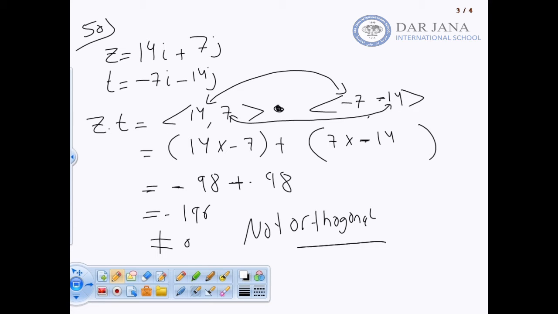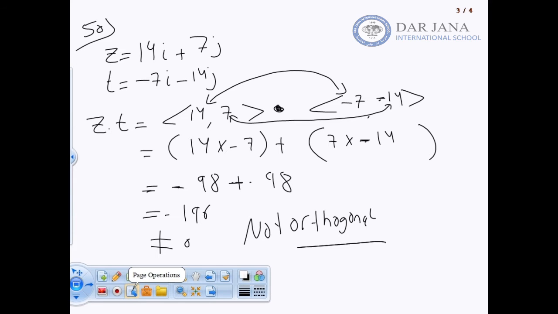So for Z and T to be parallel, Z should be equal to C multiplied by T. Or if you look at the slope, the slope of vector Z is 7 over 14, which is half, while the slope of vector T is negative 14 over negative 7, which is 2. They don't have the same slope. That means they are not parallel.